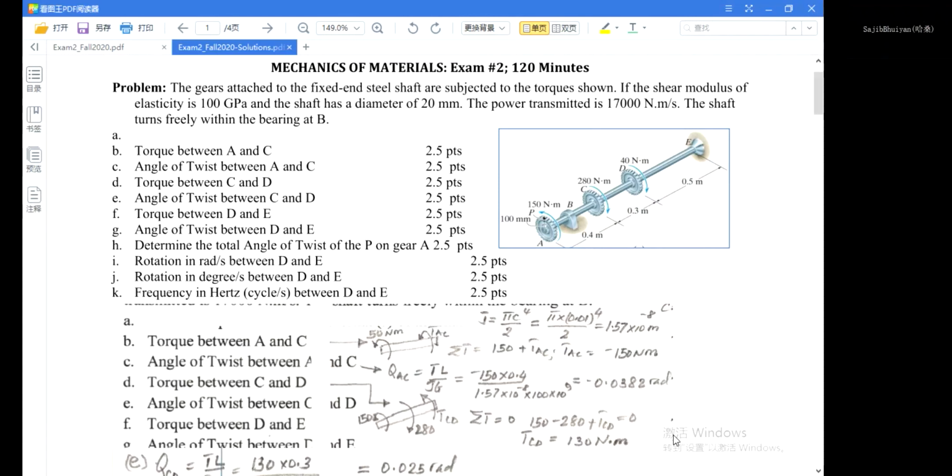So he finds it positive, it is negative. That is the sign convention: if the thumb points out of the material it is positive, and pointing into the material it is negative.